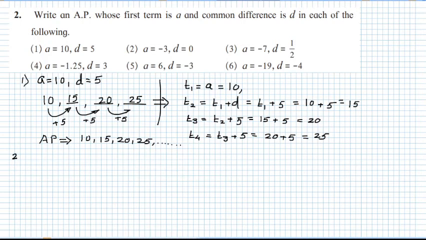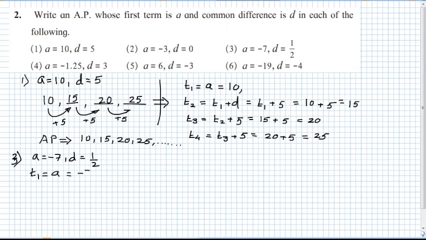Let's try to take say third one. It has some fractions. I'm taking the third one. So let me try to take the third one. What is given? A is minus 7 and D is half for the third one. So let us try to do that. So what to do? Now we can do directly, right? So T1 equal to A equal to minus 7. That is given. Okay. So what is T2 now?